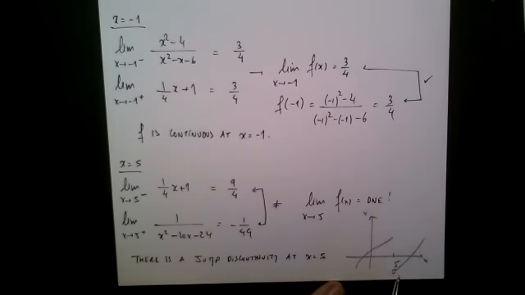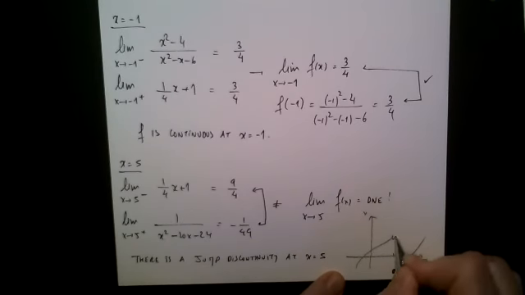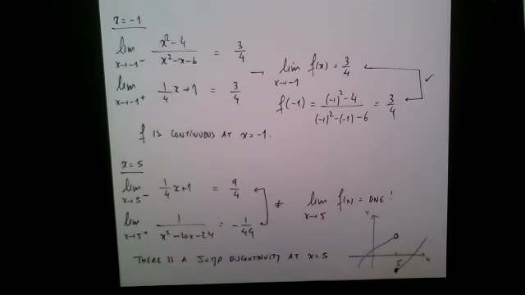Okay, and where is it equal? At here, because the function equals here, so the dot is filled in here. So as you see, there is a jump discontinuity. Any questions so far?